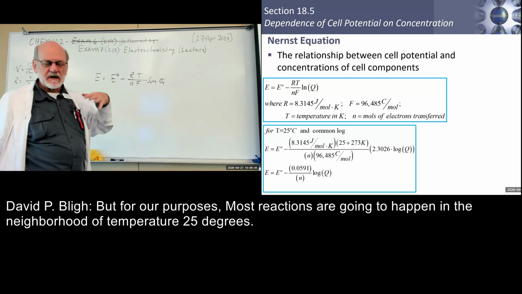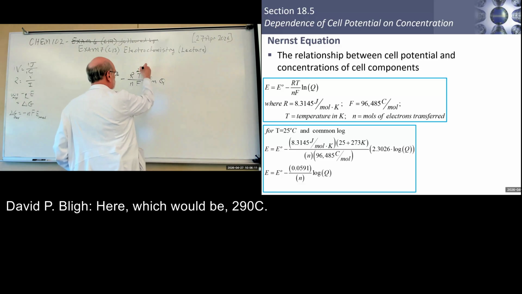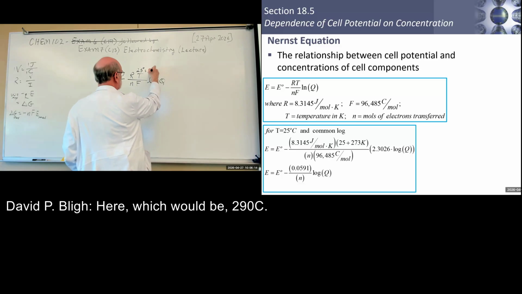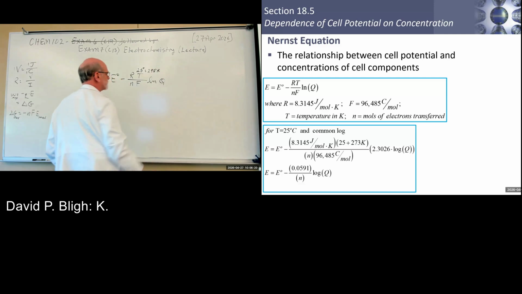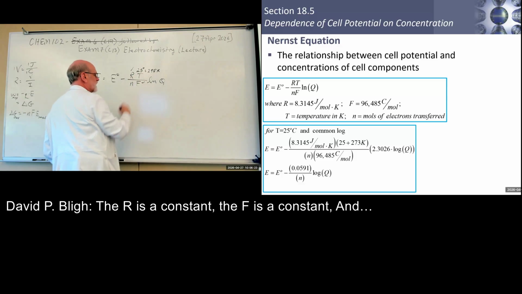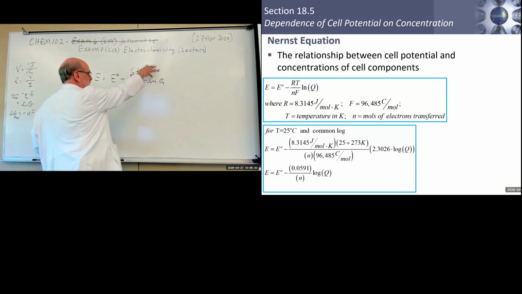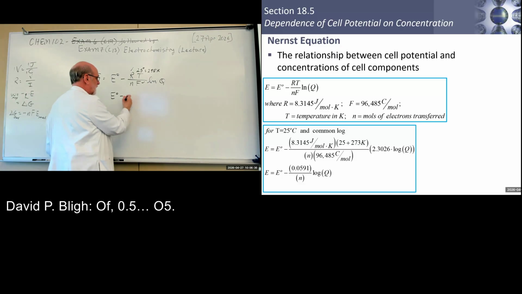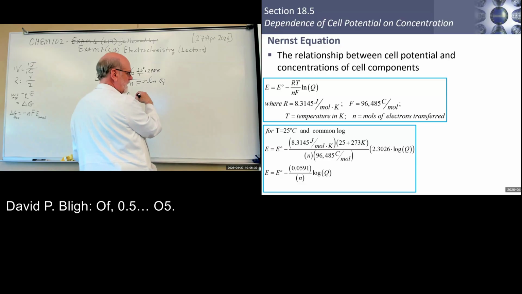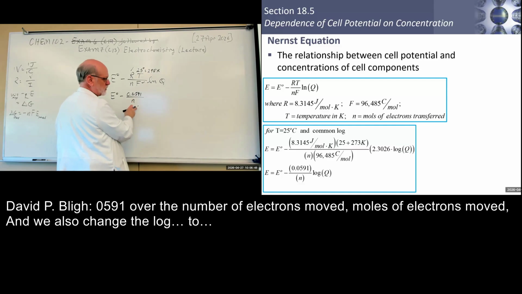But for our purposes, most reactions are going to happen in the neighborhood of 25 degrees, which would be 298 K. The R is a constant, the F is a constant, and then all we would need to do is combine these terms, and we would get a modified equation that's much easier to remember, of 0.0591 over the number of moles of electrons moved.